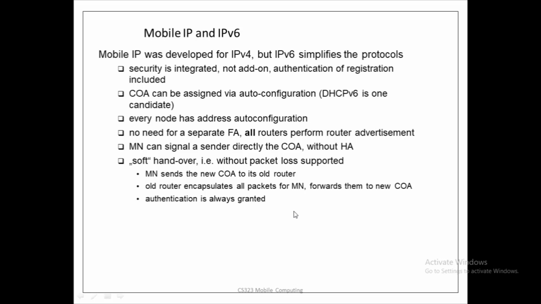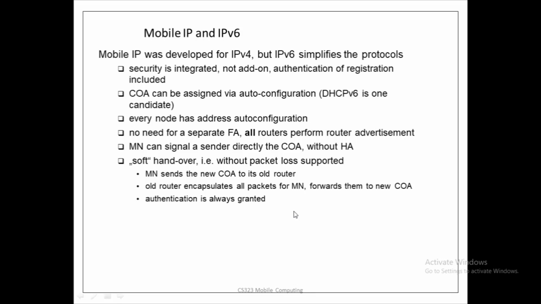So here mobile IP in the IPv6 network requires a few additional mechanisms in CN, MN and HA, and the foreign agent is not needed anymore, right? The corresponding node only has to be able to process the binding updates, that is, to create or update the entry in the routing tables, as we discussed.